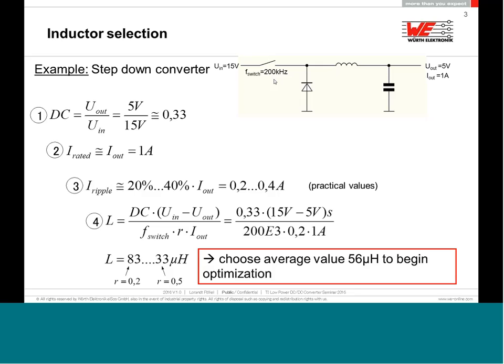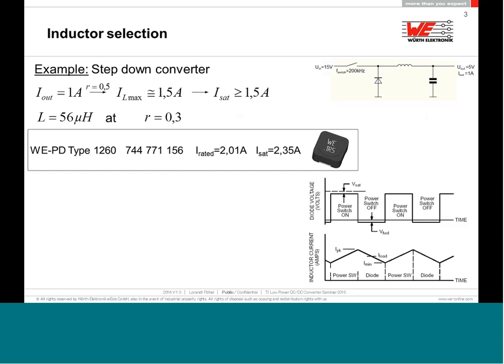And now you can see what is dominant. Is it the dominance of the RDC, because the RDC in the same size, in the same package, will be the biggest at 83 microhenry and the smallest at 33, or is it core losses dominance, and then maybe 83 will be the highest losses, or maybe the lowest losses because of the core, or maybe even 56 microhenry will be excellent to begin with.